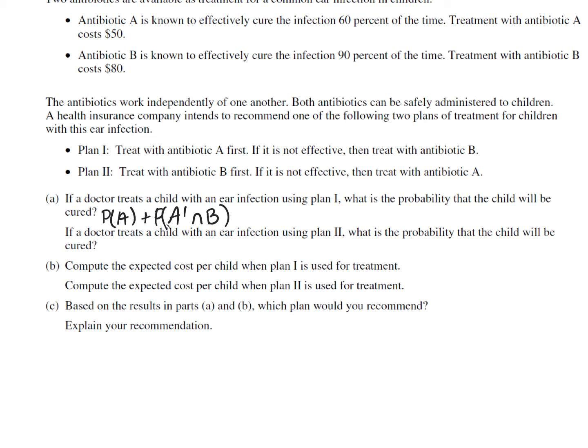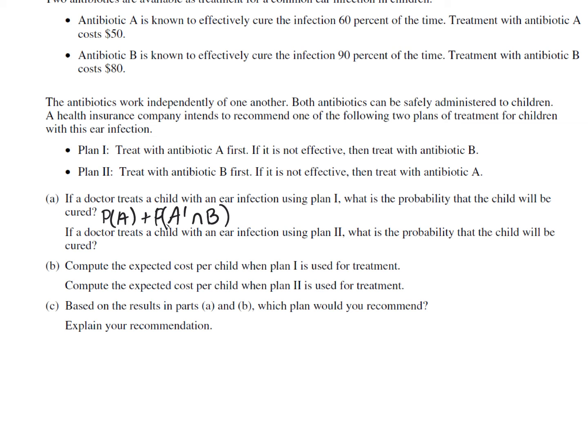So it's just A did not work, and now we're going to give you B. Okay? What's the last probability? That neither worked. So all of my outcomes include A worked, A didn't work and B worked, and then the last outcome that A didn't work and neither did B.